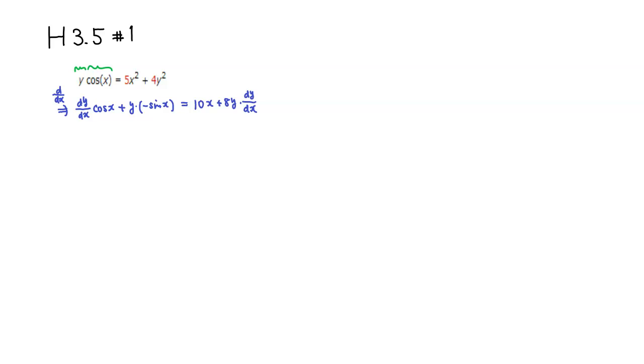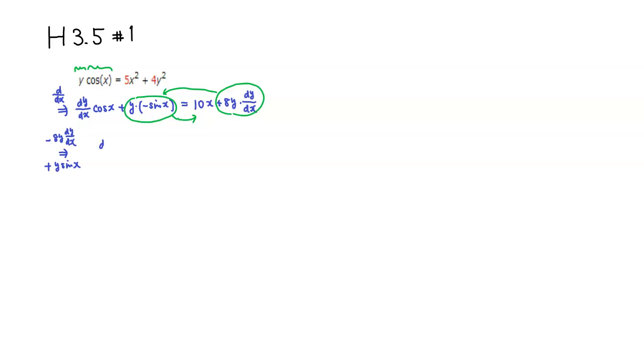Then I'm going to put all the terms that have dy over dx on the left hand side, and everything else over to the other side. So let's do that. We can simply subtract 8y dy over dx, and then add y sine of x.